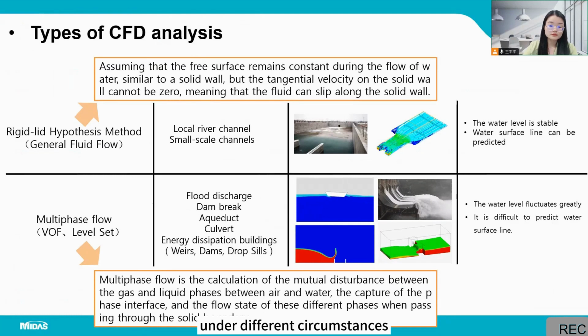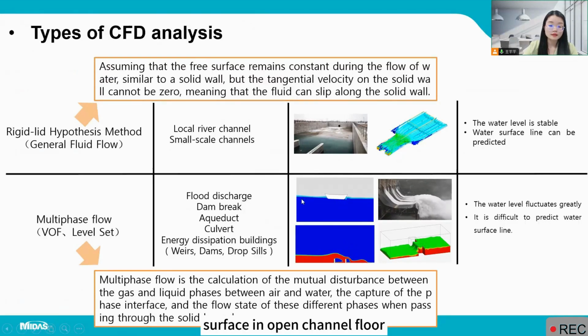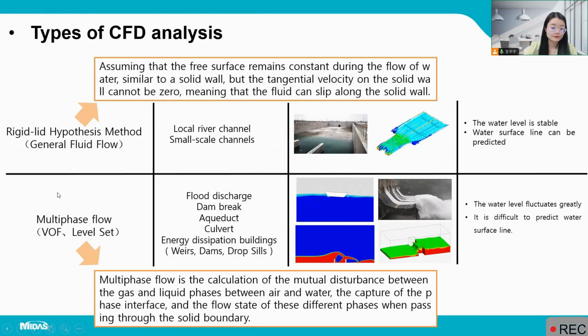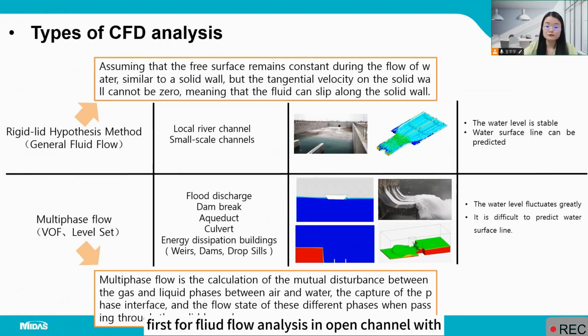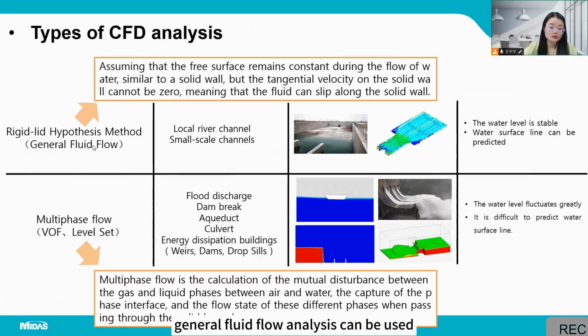Under different circumstances, different assumptions and treatment methods are used to treat the free water surface in open channel flow. First, for fluid flow analysis in open channel with predictable water level, general fluid flow analysis can be used, such as local river channels and small-scale channels.